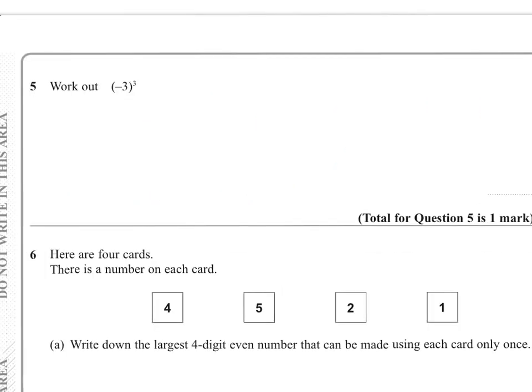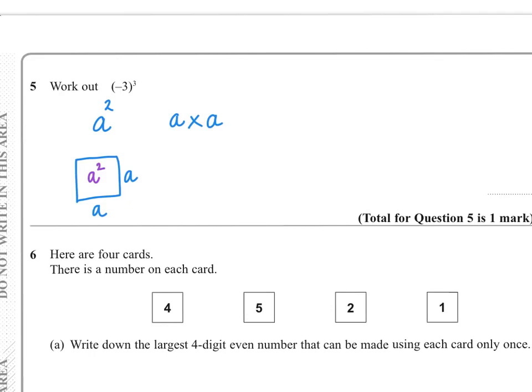Question 5, it says work out -3 to the power 3. Well, if we had something like a squared, then that would mean a multiplied by itself. It's like having a square of length a. You see, when you want to find the area, you multiply them together and you get an area of a squared.